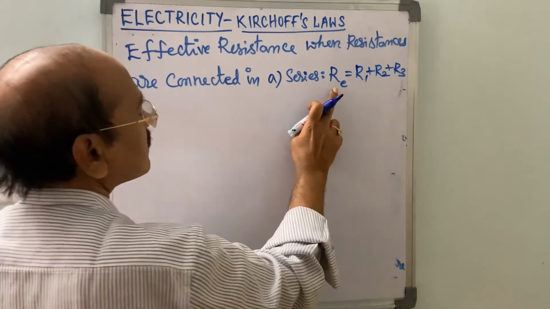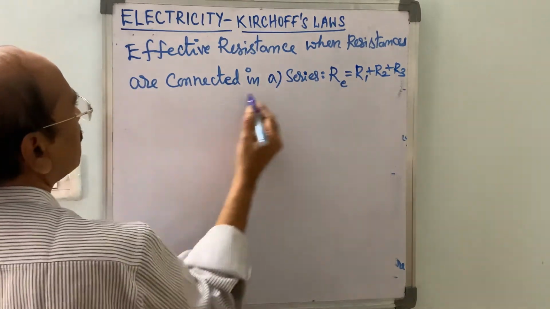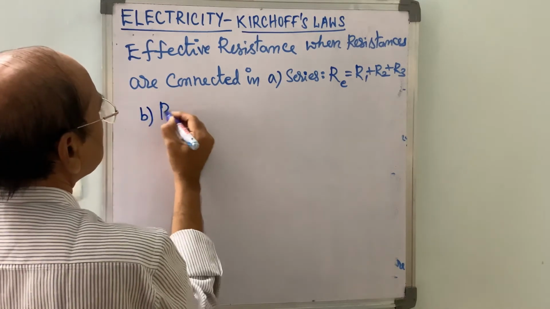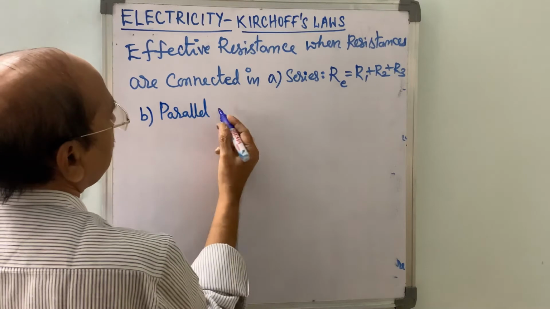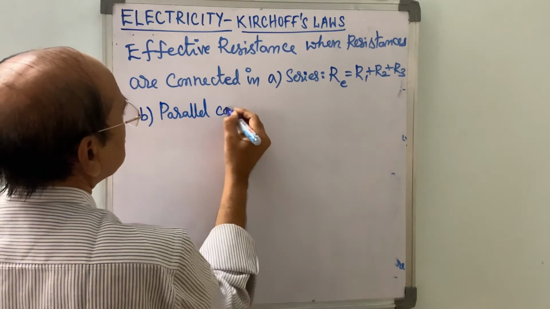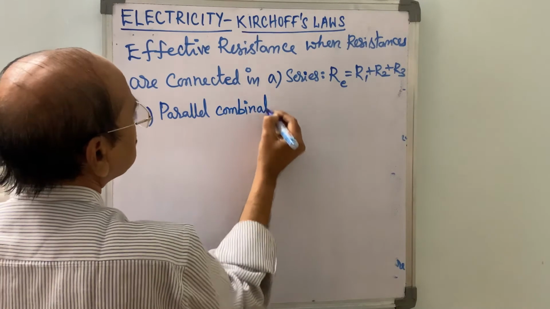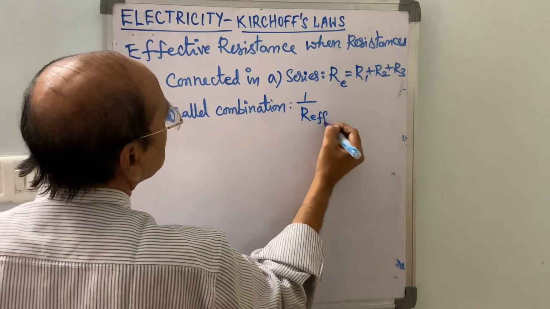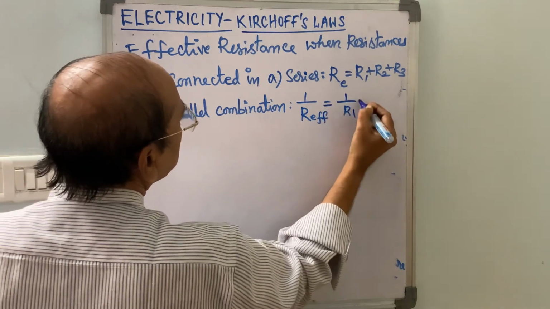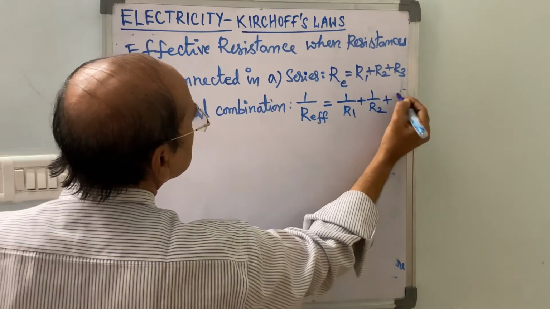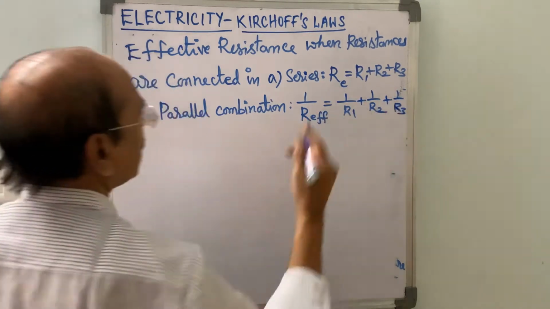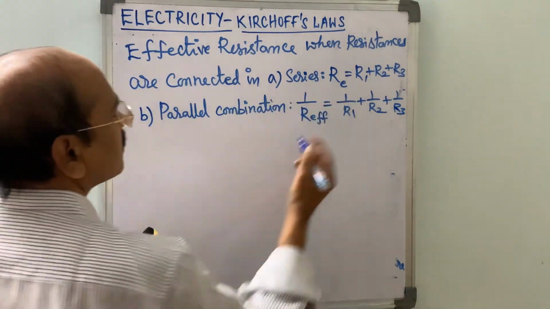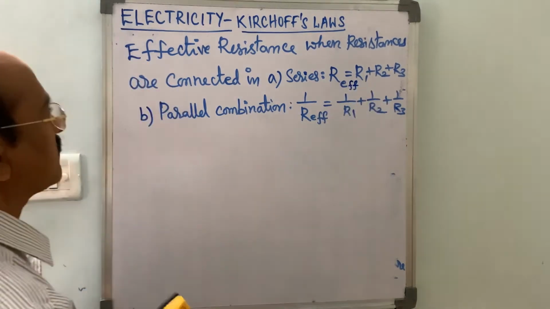If there are two resistances, then Re equals R1 plus R2. And when they are connected in parallel combination, then the effective resistance is given by 1 by Re equals 1 by R1 plus 1 by R2, plus, if there is a third resistance, 1 by R3. These are the formulas for resultant resistance.